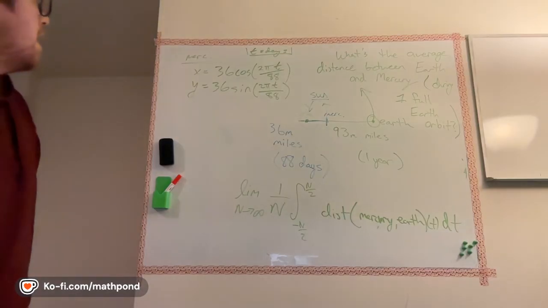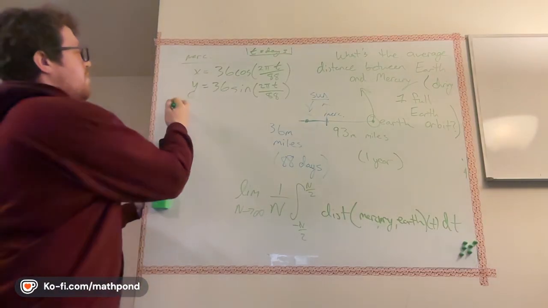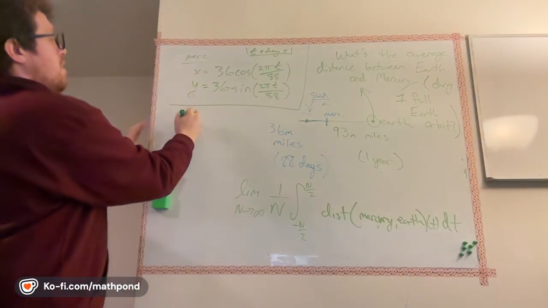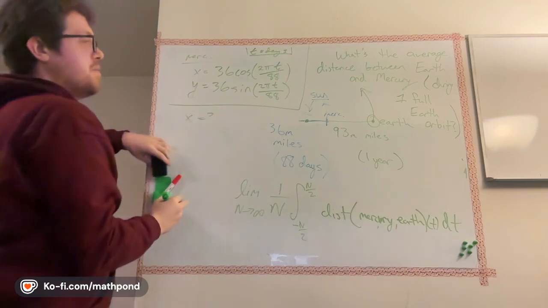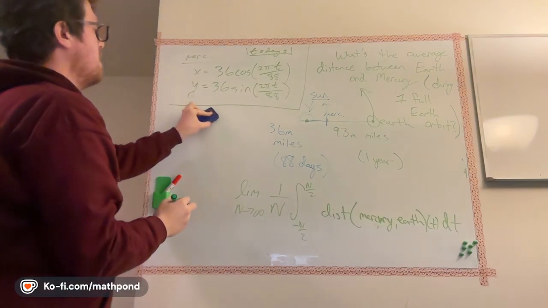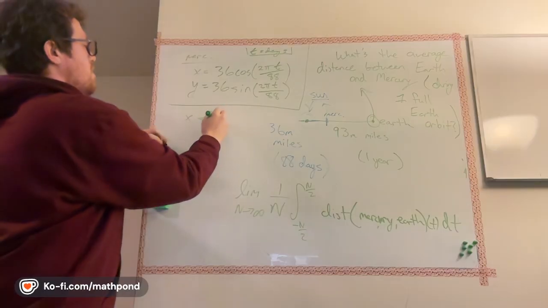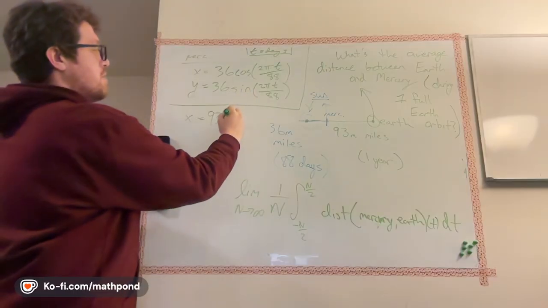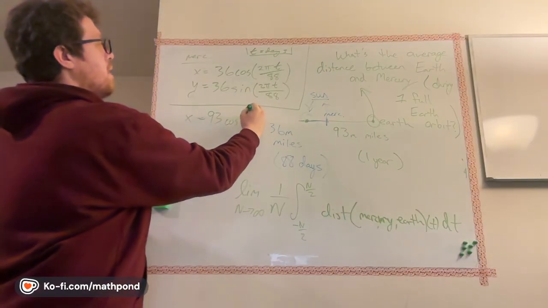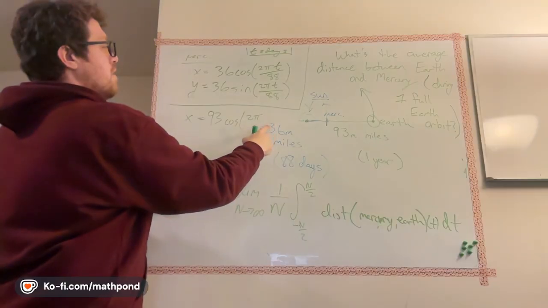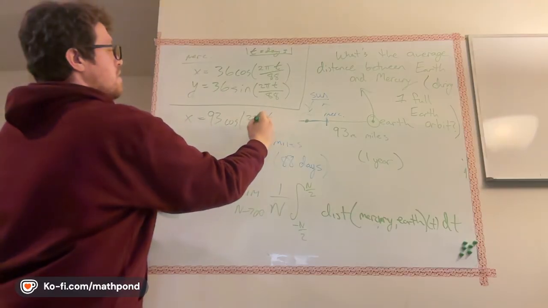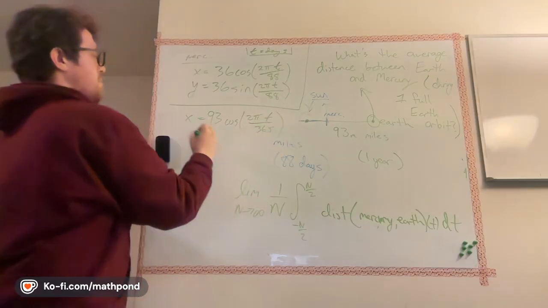Then we have the other parameterization for the Earth, and that one will be similar, but it's going to be 93 million miles. And similar, yeah. Cosine 2 pi t over 365 on the bottom.